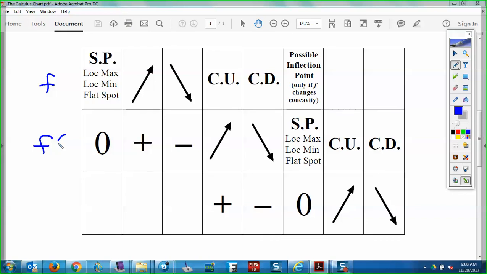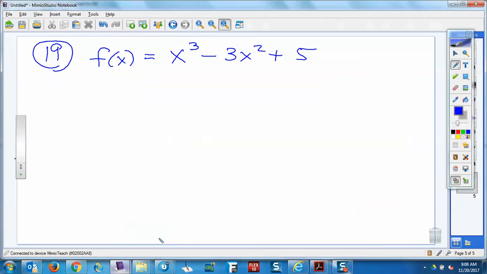When f prime was 0. Exactly. Now, without a graph, we've got to actually solve that. You're going to hear me say this a lot this year. If you're doing a chart problem, you know what to do: do the derivative and set it equal to 0. Do the derivative and set it equal to 0. So that's what we're going to do right here.